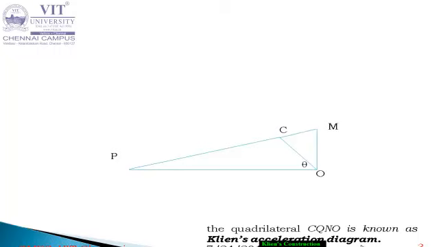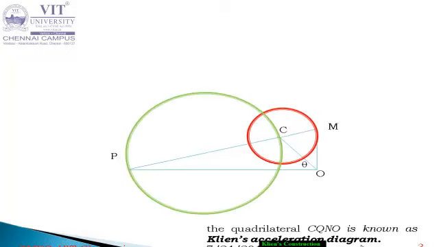After that, next step, you have to draw the circle. Take CM as radius. Okay, so C as center, CM as radius, you have to draw a circle. Then you have to draw another circle by taking the connecting rod as your diameter.